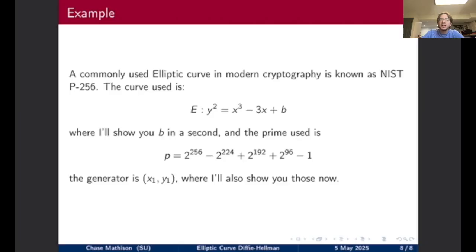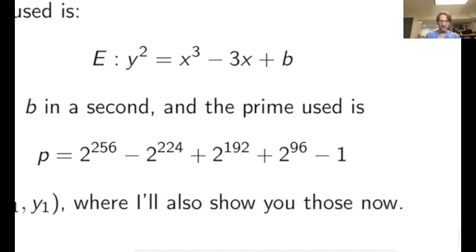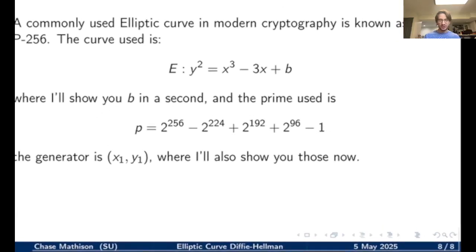One commonly used elliptic curve in modern cryptography is a curve known as NIST P256. That's the elliptic curve given by E: y squared equals x cubed minus 3x plus b, where b is a very, very, very big number.